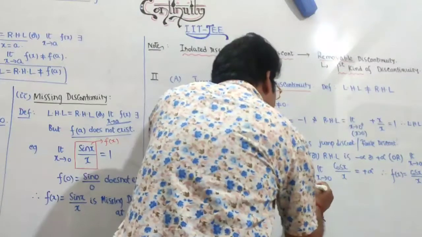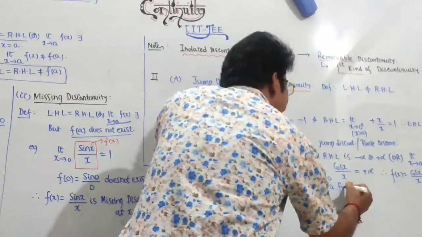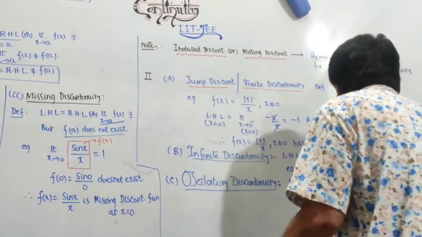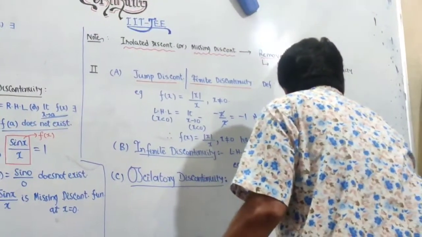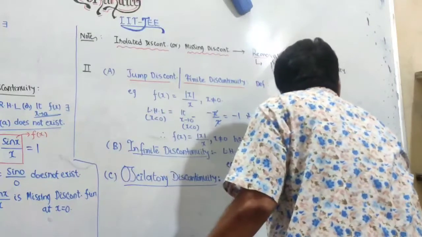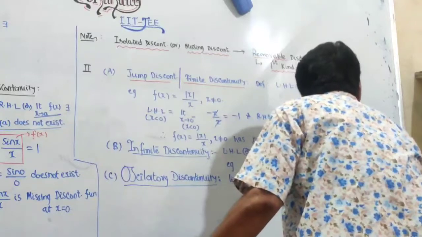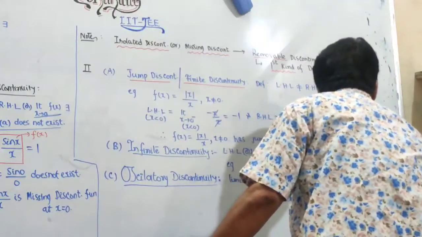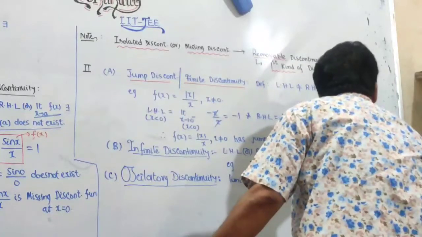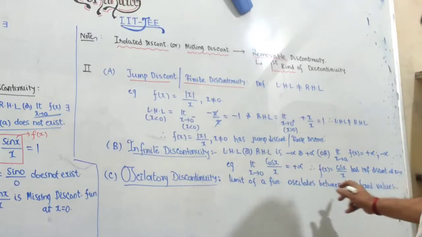By definition, the limit of a function oscillates between two fixed values. It is the definition.